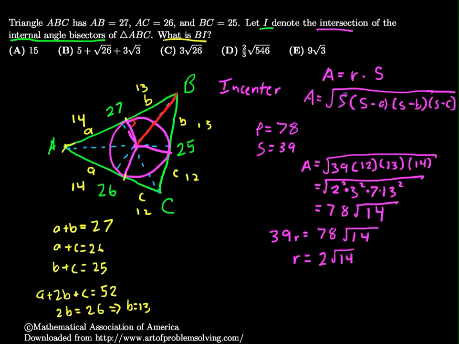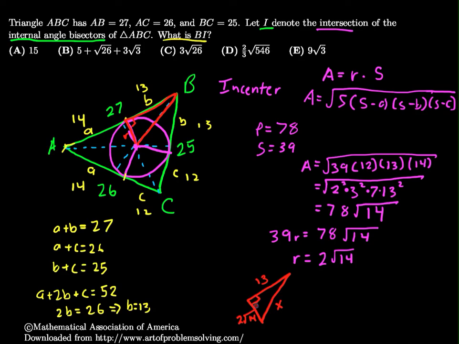And now, finally, we have this triangle. The radius R, the leg length B, and we're looking for this hypotenuse. So I'm solving for, let me try to draw in the same orientation. So this is 2 root 14. This is 13. And this is my unknown, I'll call it x.